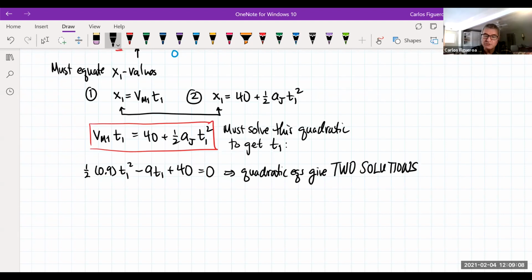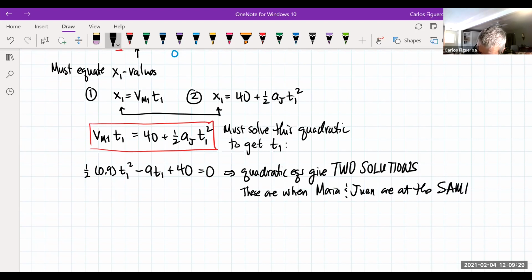But what are those two solutions going to be here? The solutions, because of the way we set it up here, are when Maria and Juan are at the same locations. So if we go back to our graph, look what the graph looks like.